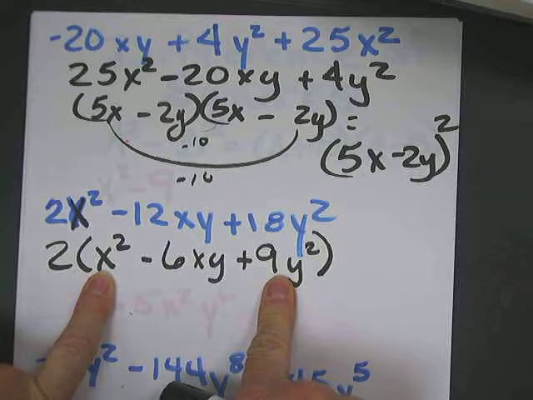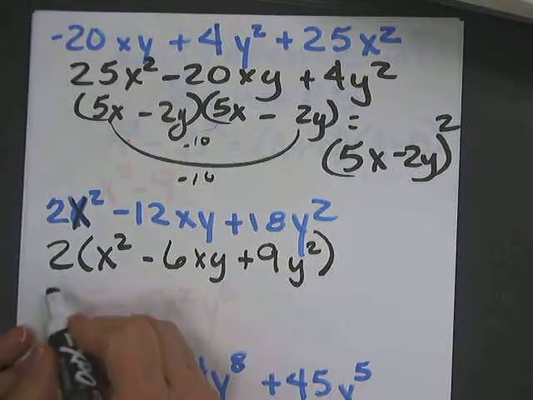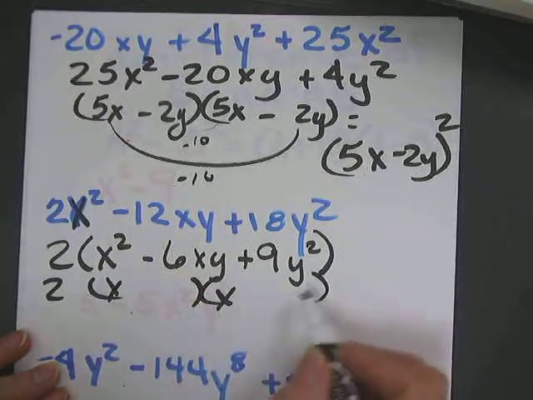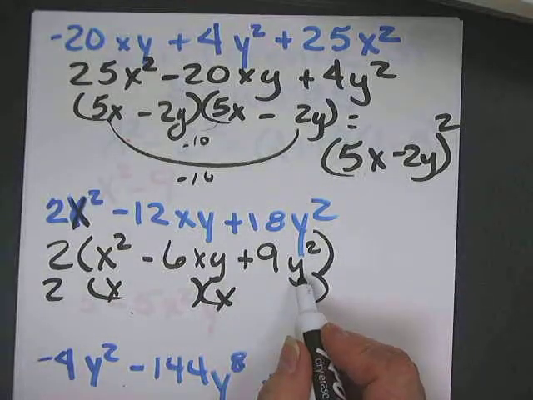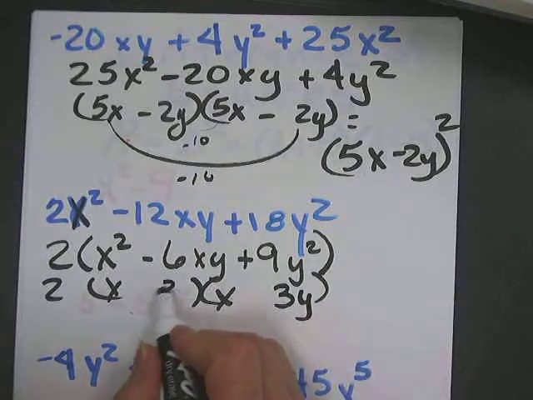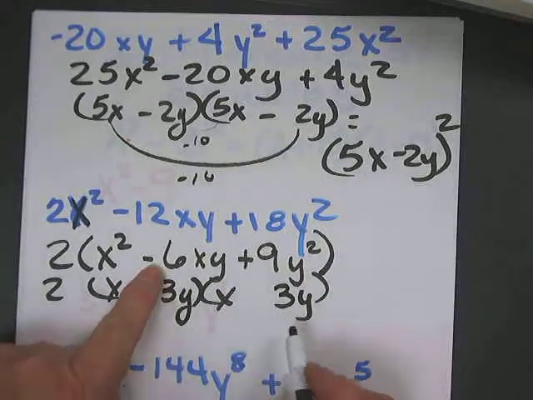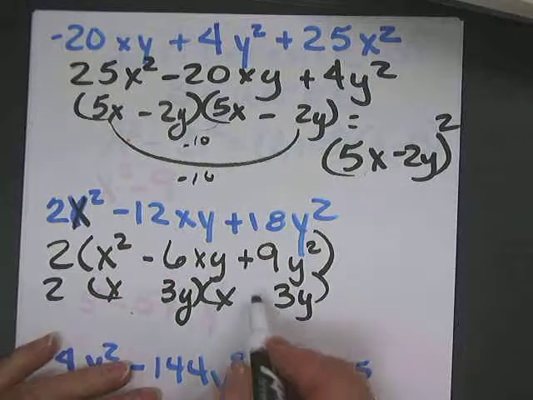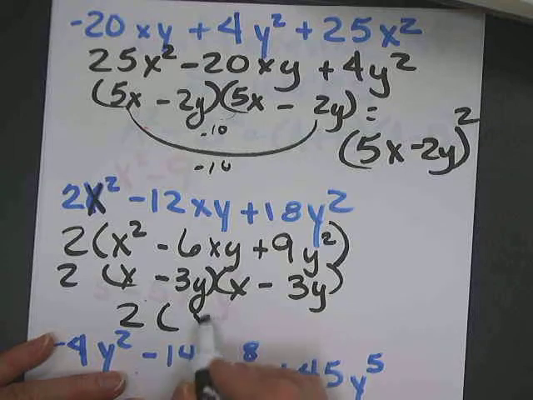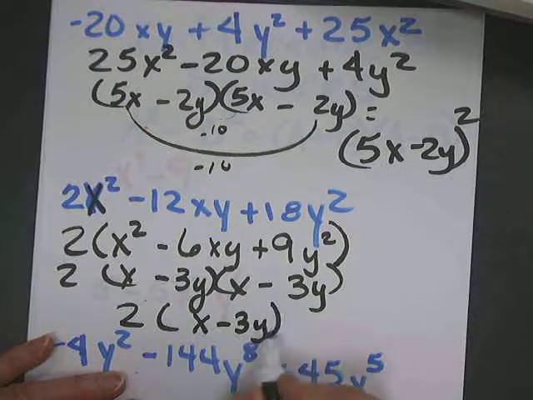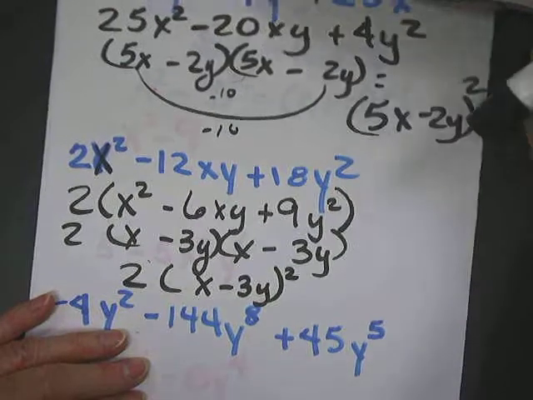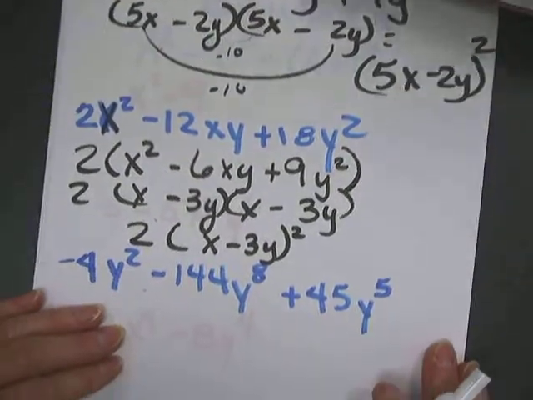Okay. Are these both perfect squares? Yes. X squared, y squared. So we have x and x. What are we going to have for the 9y squared? 3y. 3y. How are we going to get negative 6? Both negative. So we'll rewrite it with this being a square.